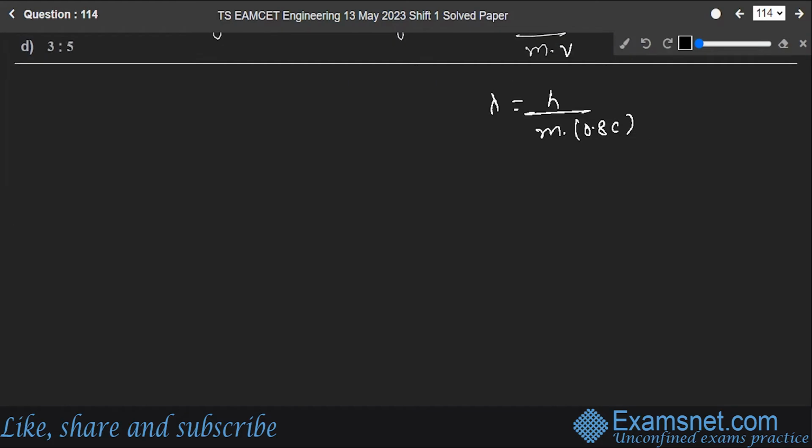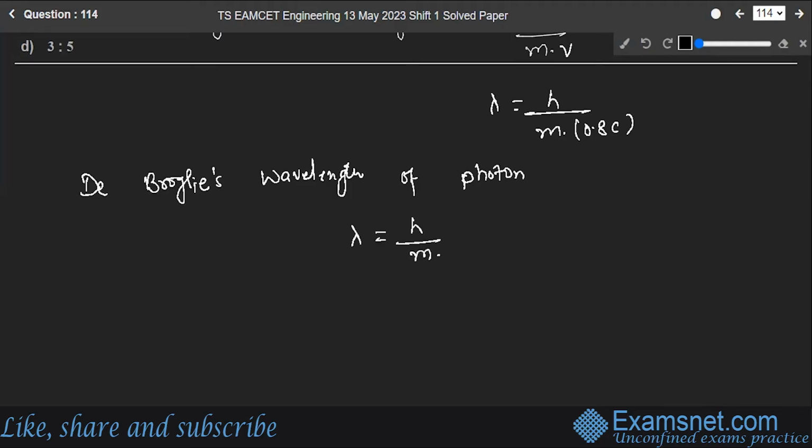Let's write it here. De Broglie's wavelength of photon, you have lambda is equal to h upon m into c. Here E is equal to energy of photon. E is equal to hc upon lambda.